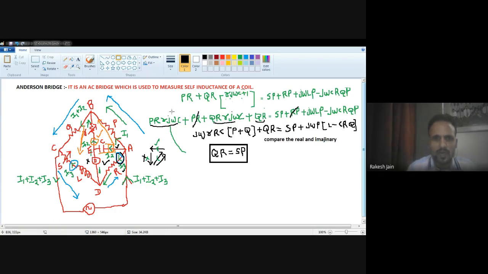But what happens when we compare the imaginary part? When we compare the imaginary part, j omega RC(P plus Q) will be equal to the imaginary j omega PL minus CRQ.